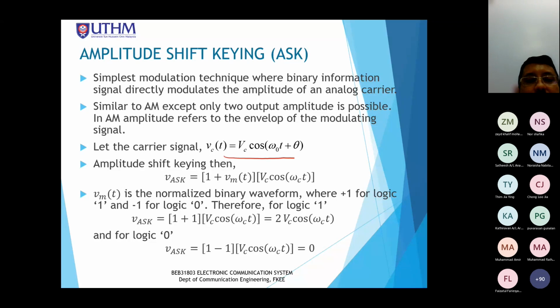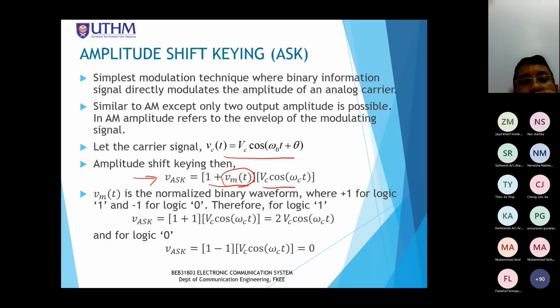So the general equation for ASK is this one: (1 plus VMT), where VMT is VM cos omega MT, multiplied with VC cos omega CT. So this is the general equation for ASK. Now what we want to see is that this parameter, the VMT, will change.